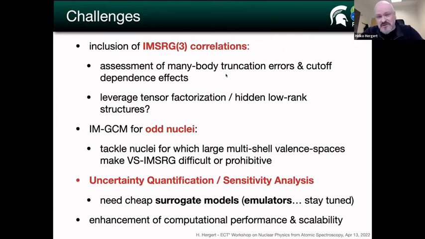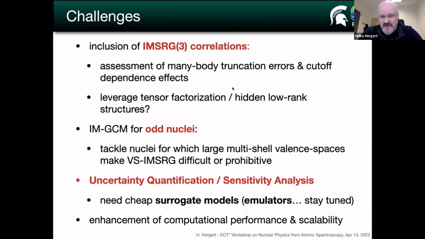But it's necessary to do that because we need to really assess what the many-body truncation error in the IMSRG is. And to, as I said, do this combined study with the cutoff variation to see whether cutoff bands shrink and whether that can shrink down enough so that experiment can give meaningful feedback on the interactions and what might be missing in them.